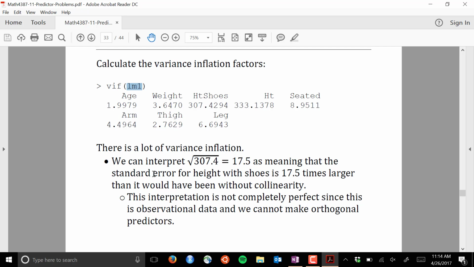And that's a lot. That's a pretty substantial change in my estimated standard error because there's a problem with collinearity. So this is a rough interpretation, but the idea is that these variance inflation factors tell us how much extra variance we're getting because of the problem with collinearity, which is why we don't want large variance inflation factors.